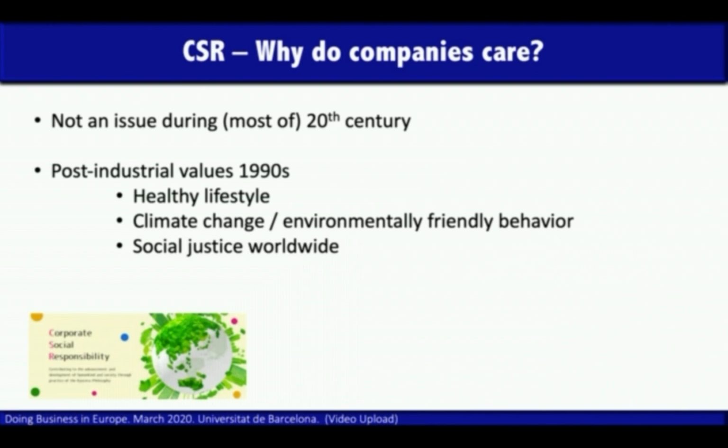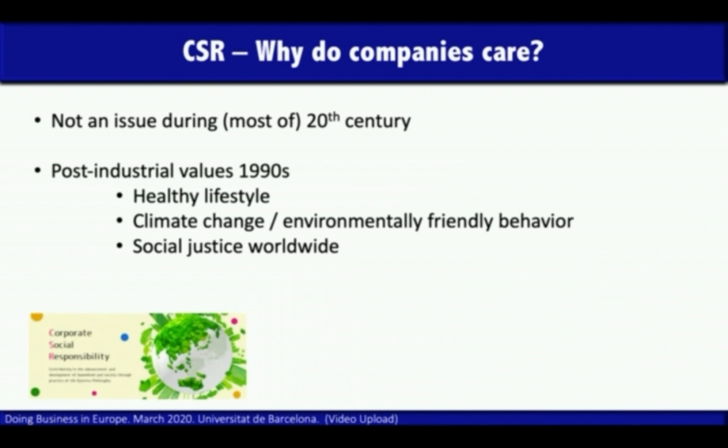And it has to do with the fact that it basically came off when societies became sort of post-industrialized. So it's very hard to actually tell the exact point in which companies started to care about these things, but it's mostly when economically developed societies had enough welfare or well-being that they could deal with other things rather than just surviving.